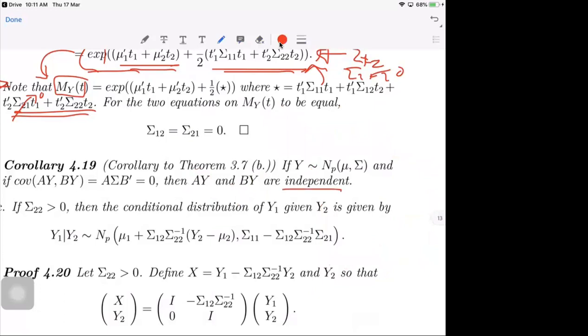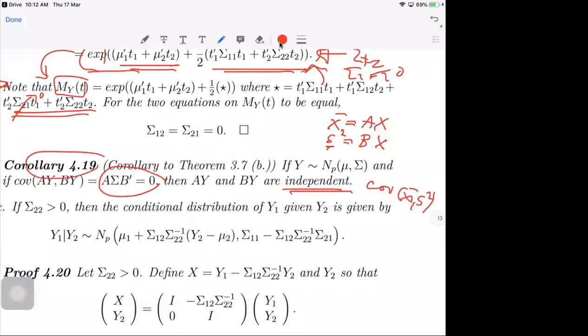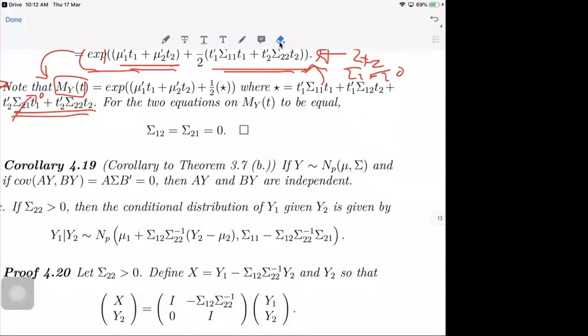So si x bar masulat nimo as a function AX. Si s squared masulat nimo as a function BX. So a function of x gihapon na siya. So once mapakita nimo na ang covariance sa x bar and s squared equal to 0, then we say that x bar and s squared are independent, no? So mao ni usefulness ani na corollary sa inyohang statistical inference. Ma-encounter na ninyo.